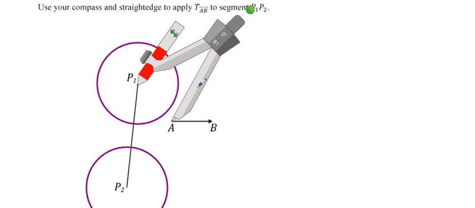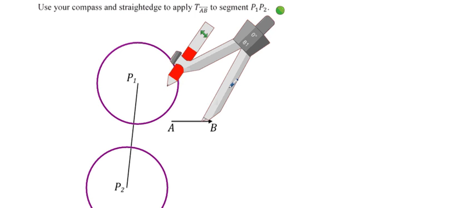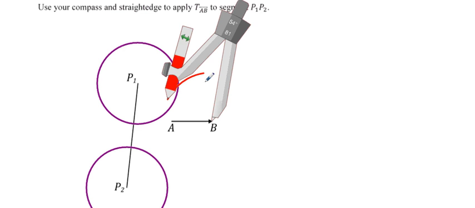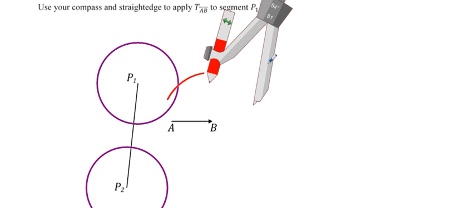So I'm simply going to slide my compass down the vector until the point of my compass is at the end of my vector, and I'm going to arc. And that point of intersection between the purple arc and the red arc is going to become the image of P1 under that translation. So I'm going to call that P1 prime.